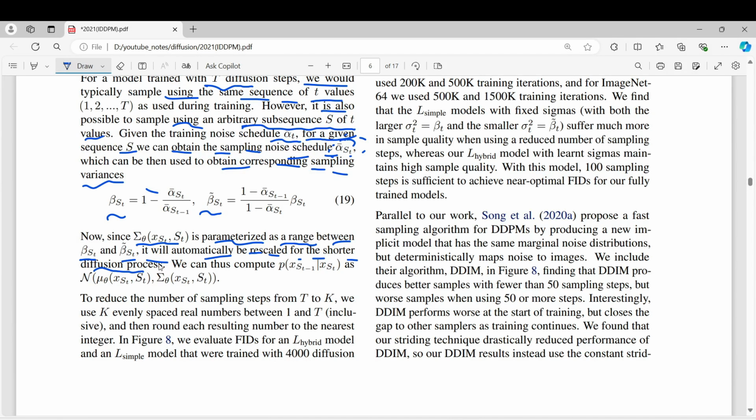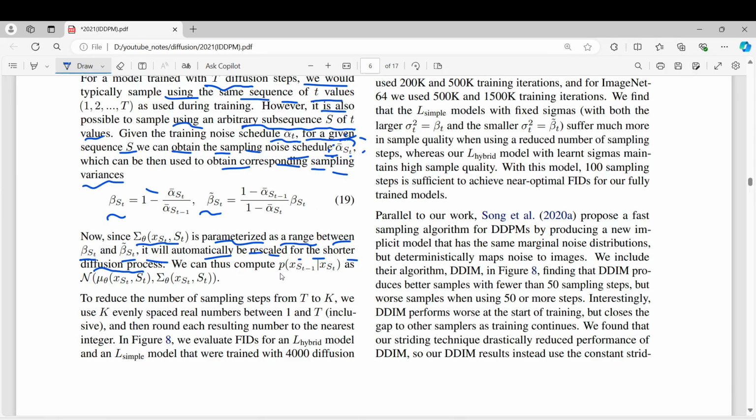We are just giving the bound and this will automatically change for the shorter diffusion steps. So these values, alpha bar and alpha, will automatically adapt in their own way because we define the range.